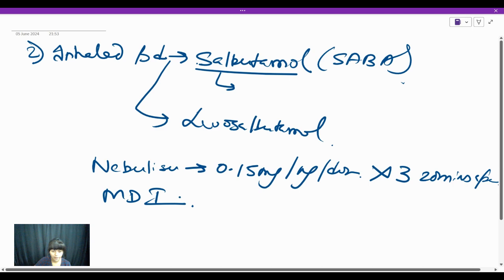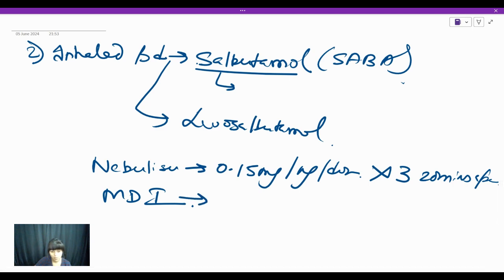If you are giving MDI, like if the child was already on bronchodilator therapy at home, they may take MDI puffs and come to you in hospital. In acute exacerbation, they should take a minimum of 2 to 8 puffs at a time. This thing you have to remember.